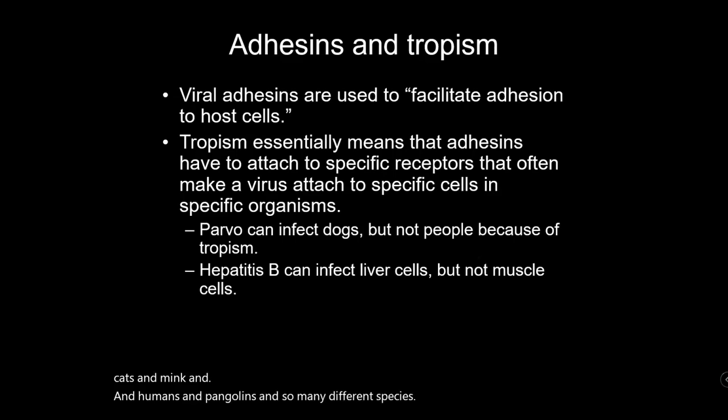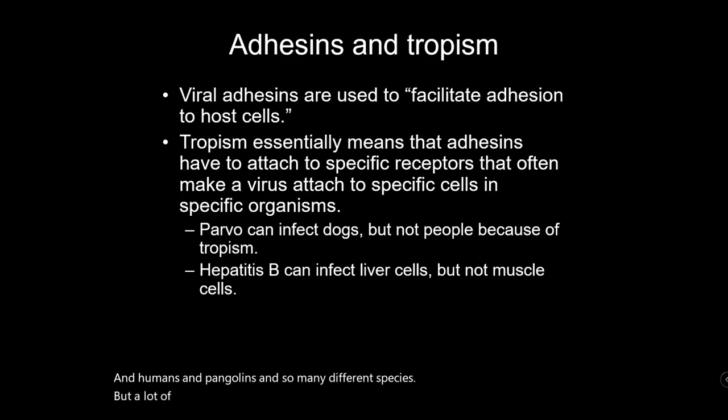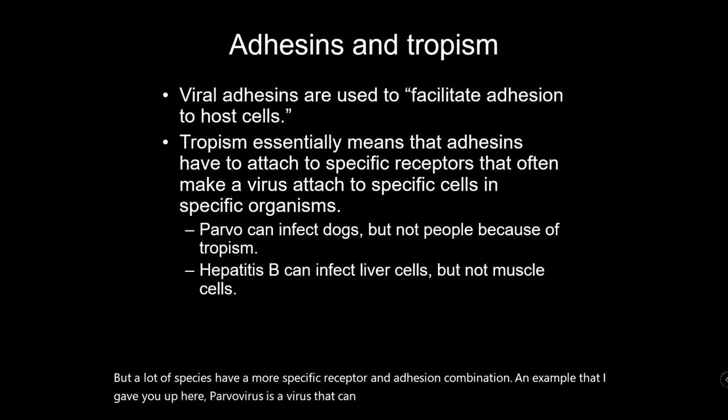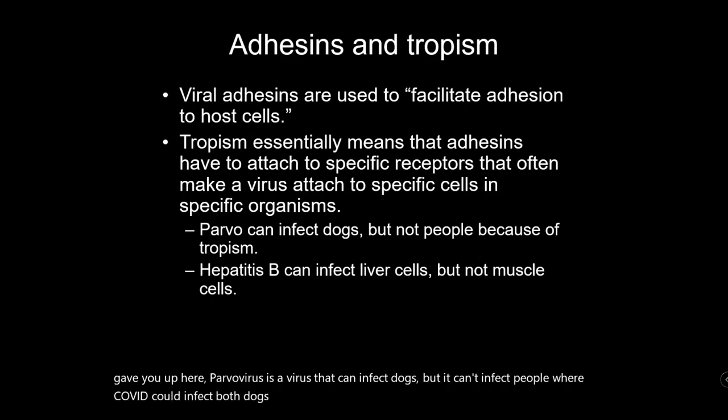But a lot of species have a more specific receptor and adhesin combination. An example that I gave you up here, parvovirus, is a virus that can infect dogs, but it can't infect people, where COVID could infect both dogs and people. So sometimes those adhesins have tropism that is more narrow, whereas sometimes it is more broad.